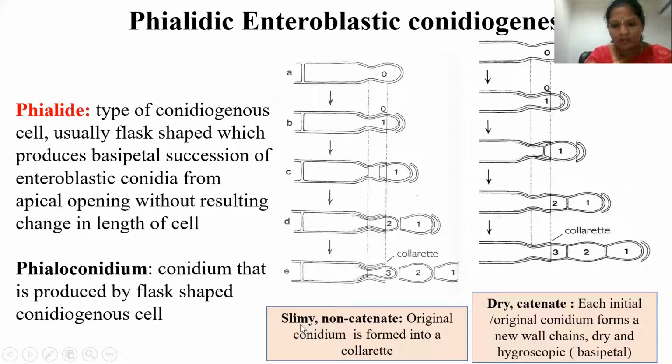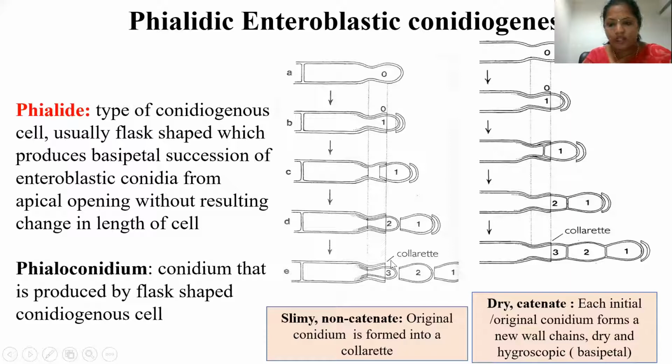It can be of two types: slimy non-catenate or dry catenate stage. Slimy non-catenate means the conidia will be released after formation of a single conidium. In this, a collarette zone will be formed because the inner cell wall layer and outer cell wall layer will be there.